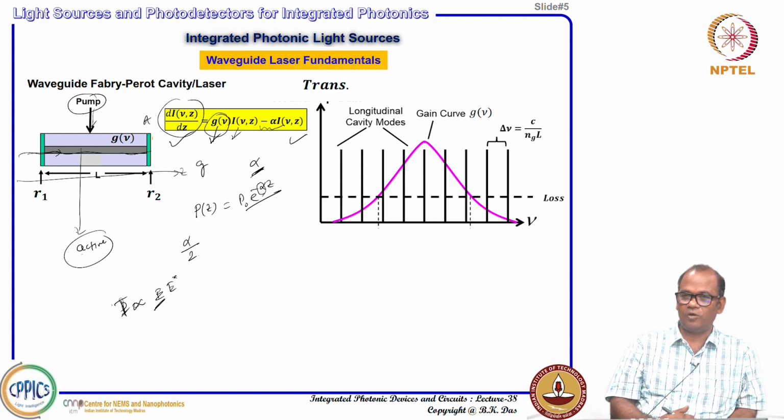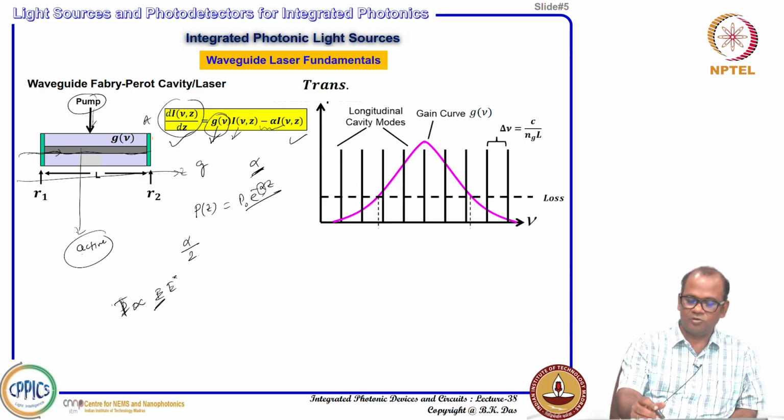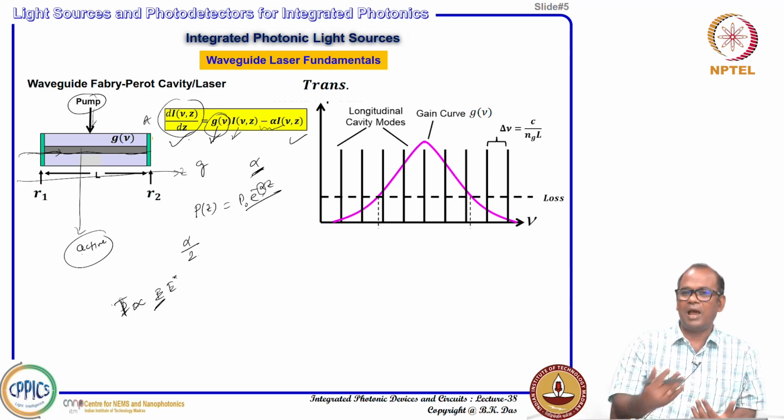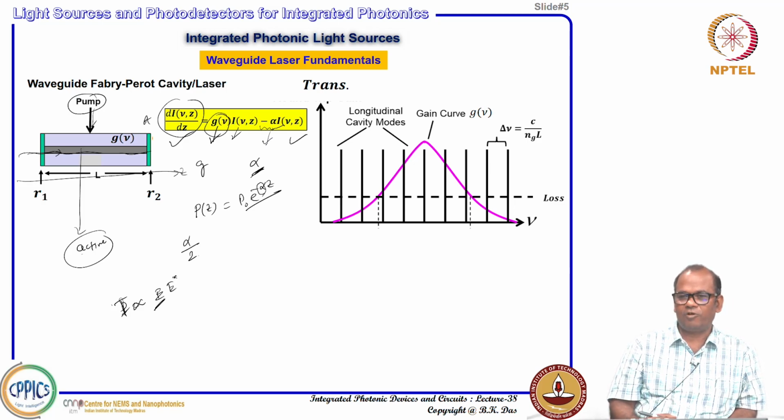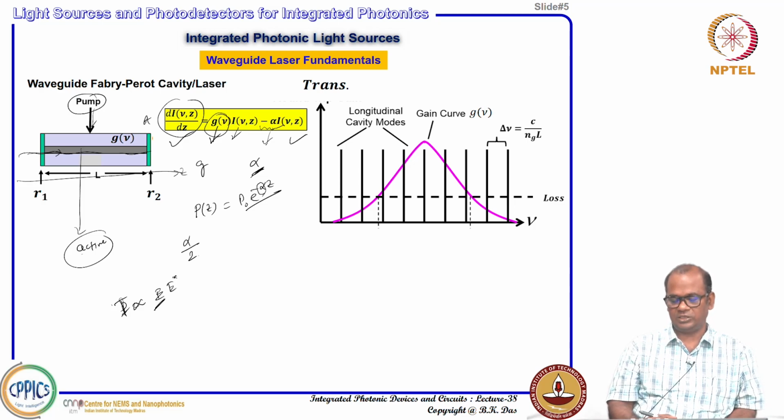Population inversion is very well known in laser physics. I will be discussing in terms of semiconductor here. Okay. So, this G can be frequency dependent, but alpha we are considering may be flat for all frequencies under consideration.